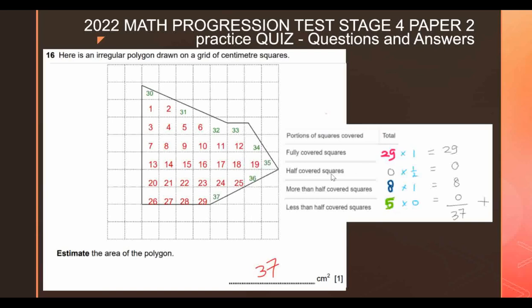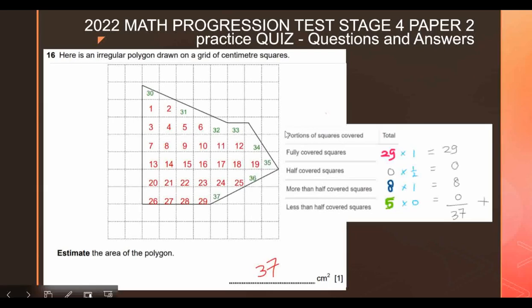Now the half covered squares we cannot find in this question. The more than half covered squares, we count here, and we see that the squares covered more than half are 1, 2, 3, 4, 5, 6, 7, 8.